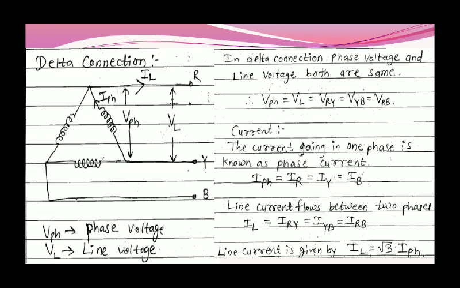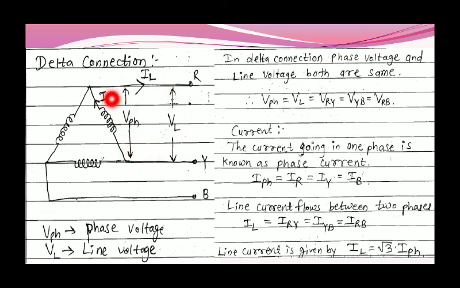One more time, we are going to see the relation between phase voltage and line voltage. One thing you have to remember is that in delta connection, the phase voltage and line voltage are both the same. Whatever voltage we measure here is the same as here.